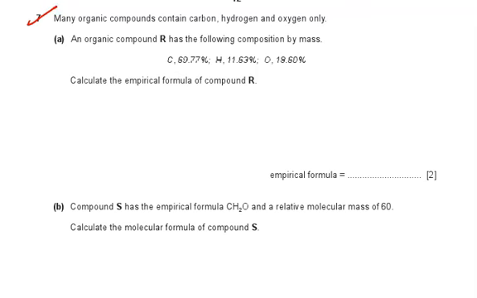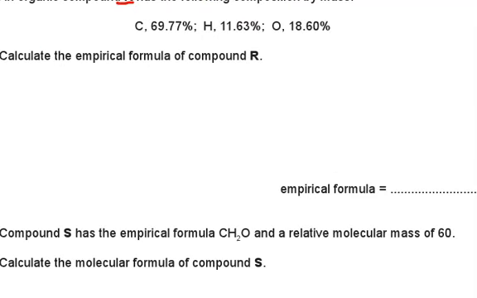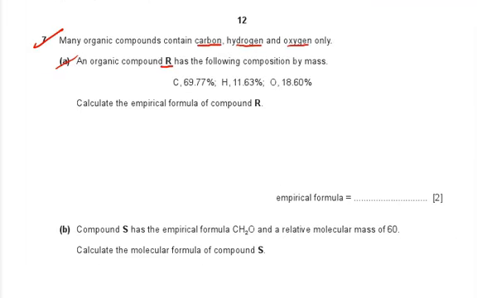Okay, now for number 7. Many organic compounds contain carbon, hydrogen and oxygen only. A, an organic compound R has the following composition by mass. So here, let me do a calculation. They are asking for the empirical formula.